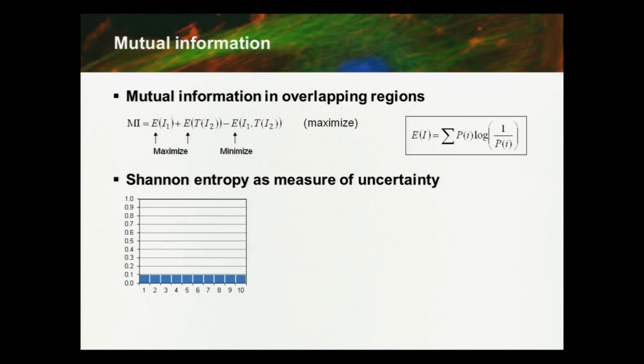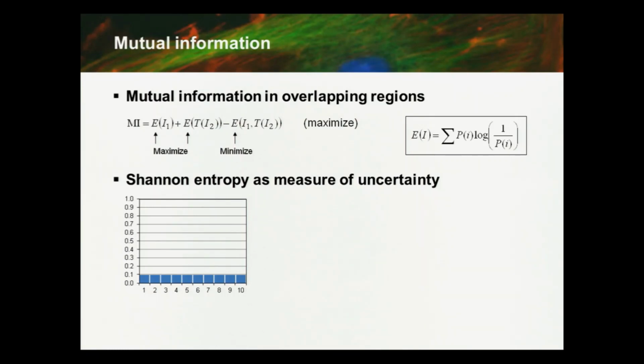So suppose I have an image which has only 10 intensity levels. In practice, you have many more, of course, but just for the illustration, I have an image with 10 intensity levels. And I should have shown the image, actually, but suppose this is the histogram, but then normalized, so it's the probability distribution of the image intensities in that image.